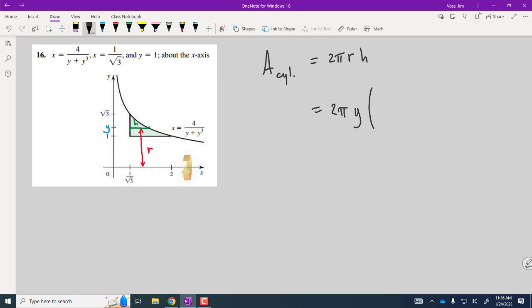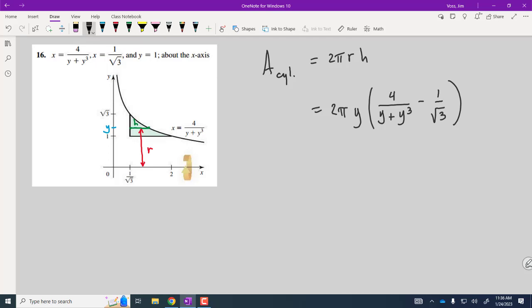Very nice. The left x is this 1 over root 3. So the left is just a constant. So it's 4 divided by y plus y cubed minus 1 over the square root of 3. So we've got that. Volume, integrate area. Most of the work tends to be coming up with the right area function.